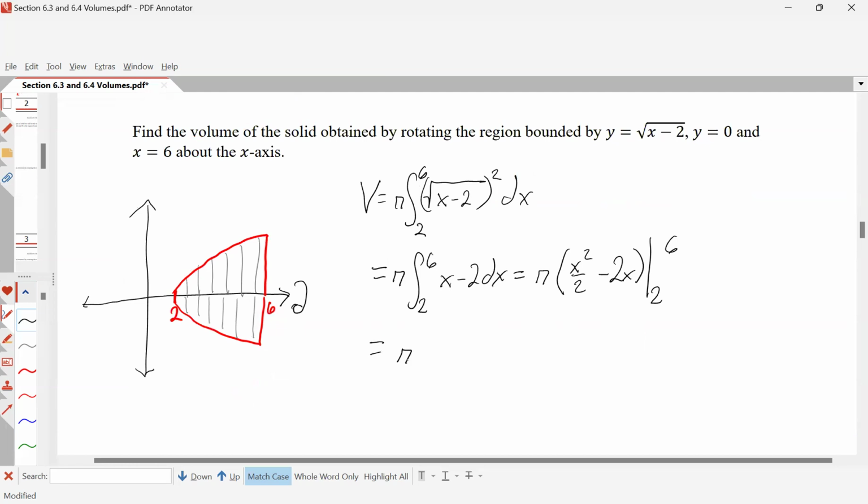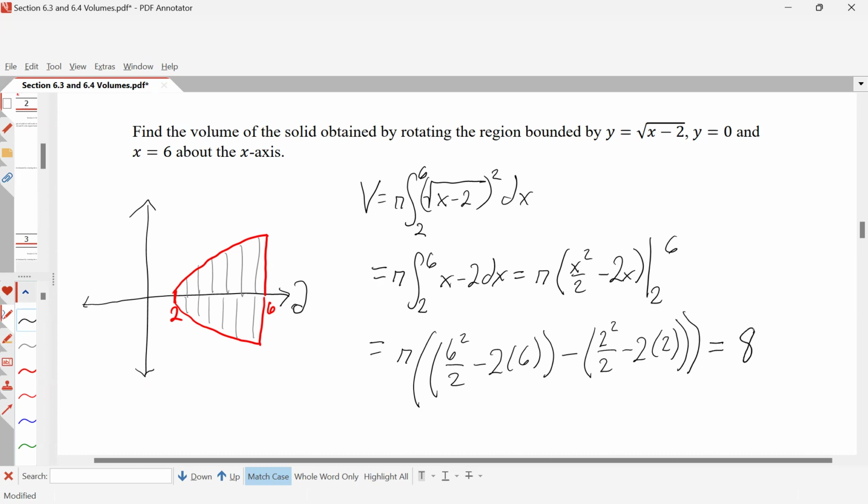Plugging in our bounds, we get pi times 6 squared over 2 minus 2 times 6, minus 2 squared over 2 minus 2 times 2. Evaluating this out works out to be 8 pi. So the volume of this solid, that is this bowl-like shape, is 8 pi units cubed.